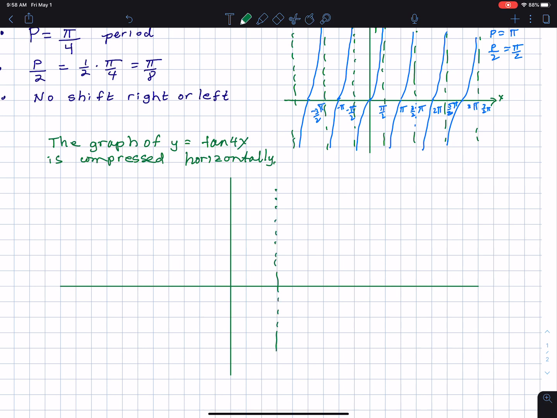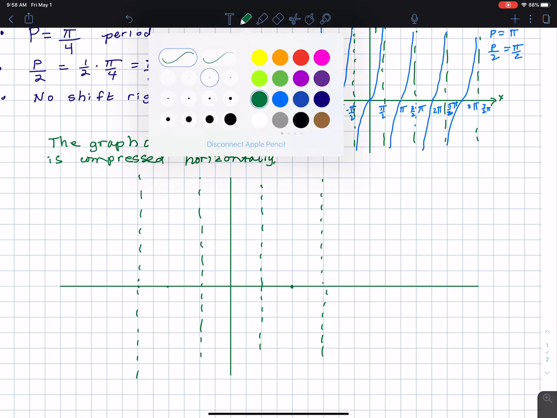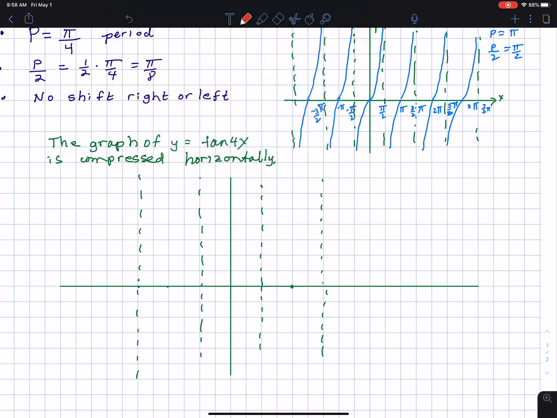I'm really just going to draw the same graph, and I'm just going to label it differently because all it's doing is compressing it. It has a bit to do with just the labeling. So here I go, pick a nice color, maybe orange.